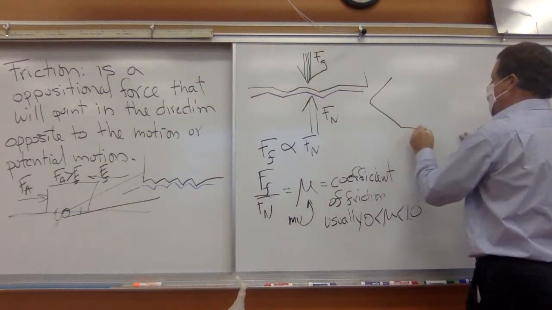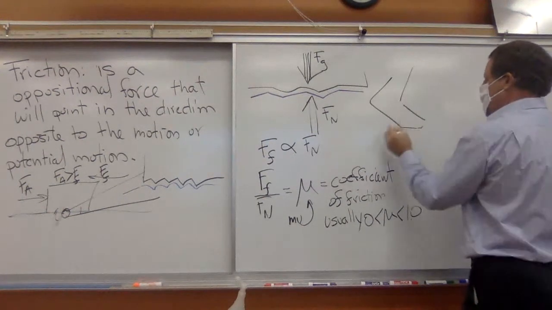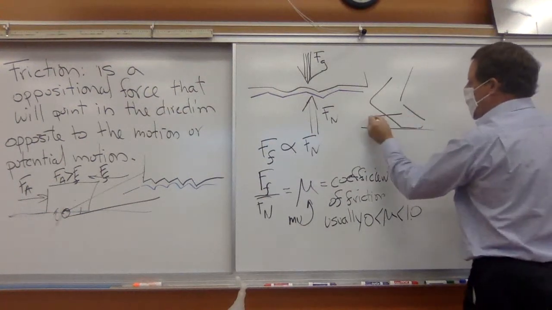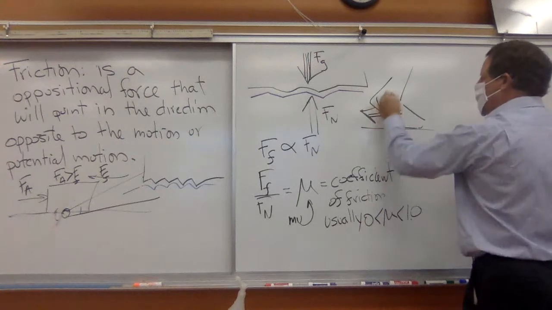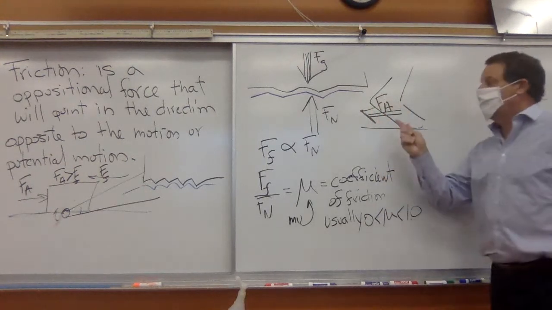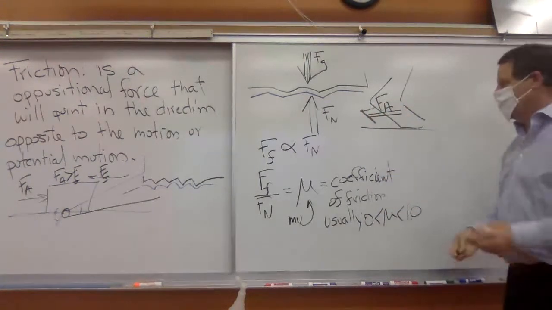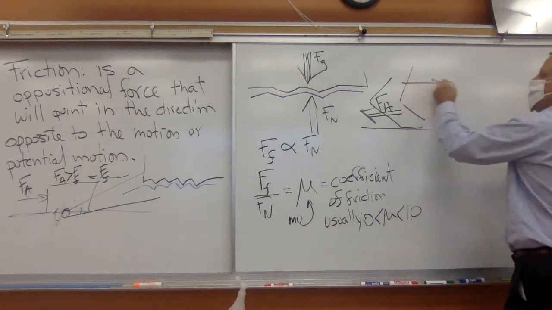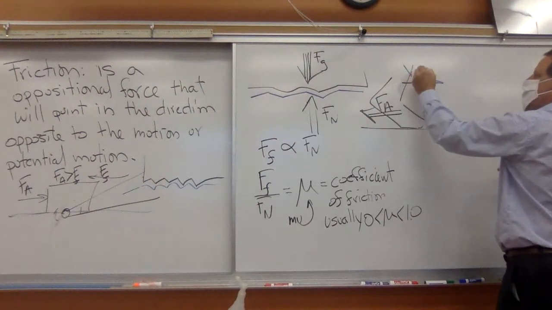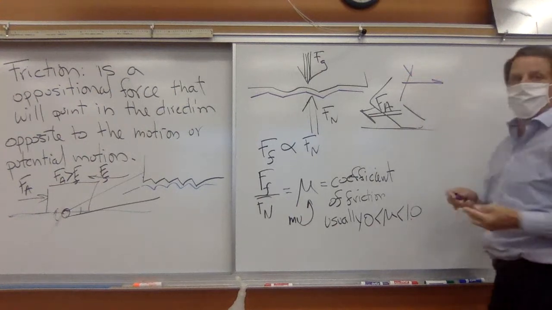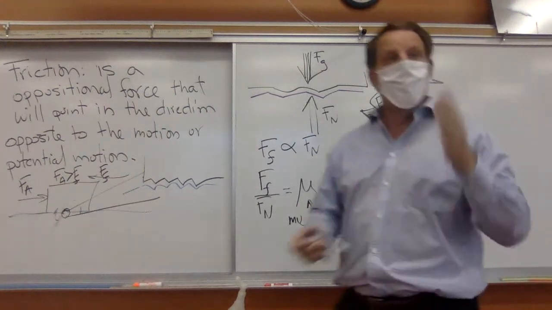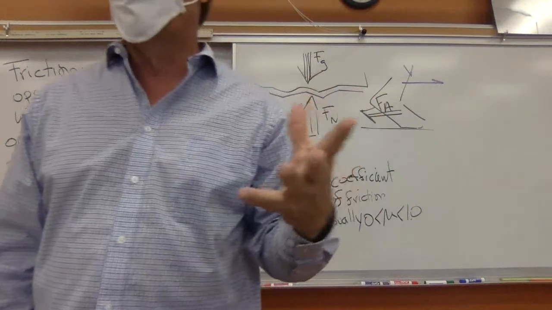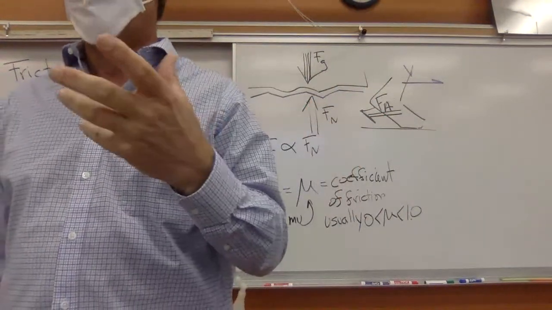Let's say here is my foot. My applied force is backwards, yet velocity is going to go forward. How is that possible? What is pushing me forward?